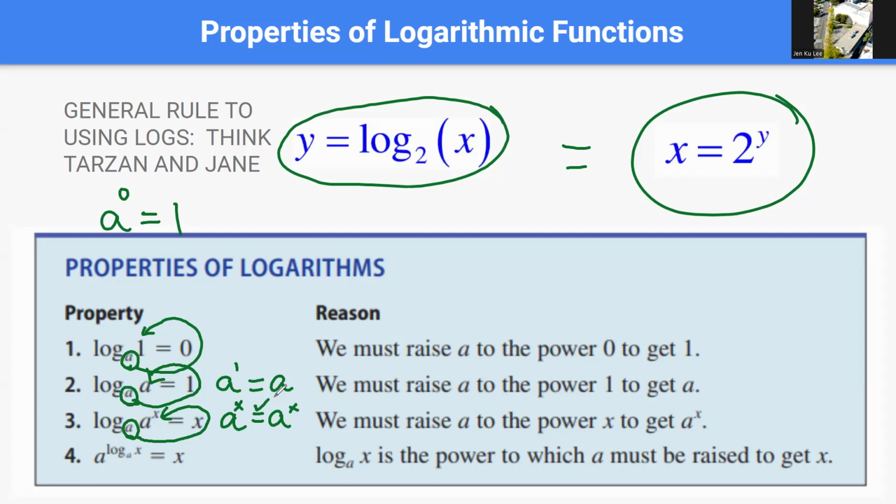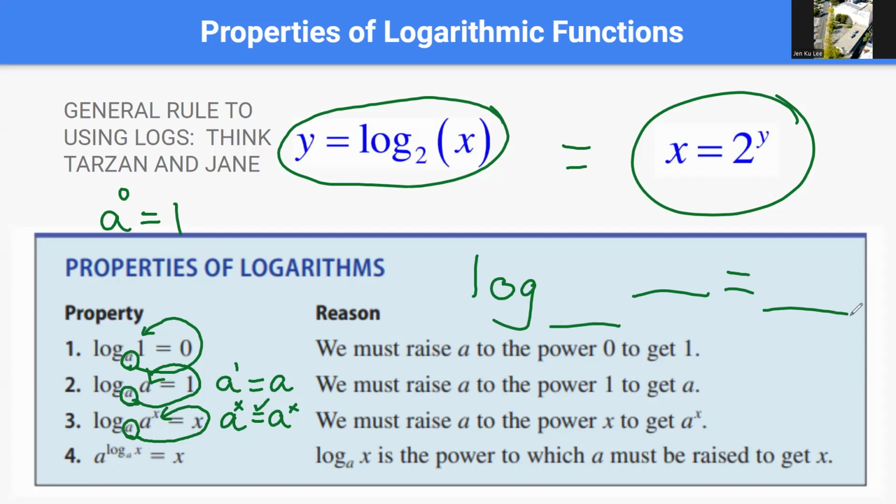Now, this one, think backwards, Tarzan and Jane. Because it's an exponential function, right? Number 5 or number 4. Yeah. A to the log base A of X power. Right? That's an exponential function. So if you think backwards and go log base whatever of whatever blank equals blank, right? Tarzan and Jane this.